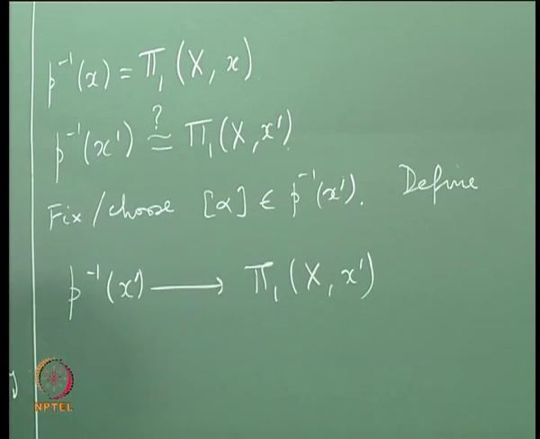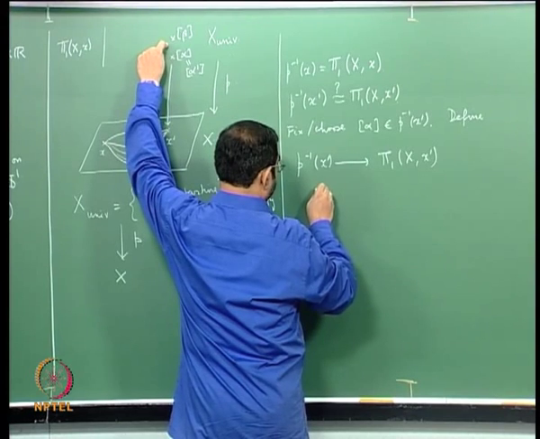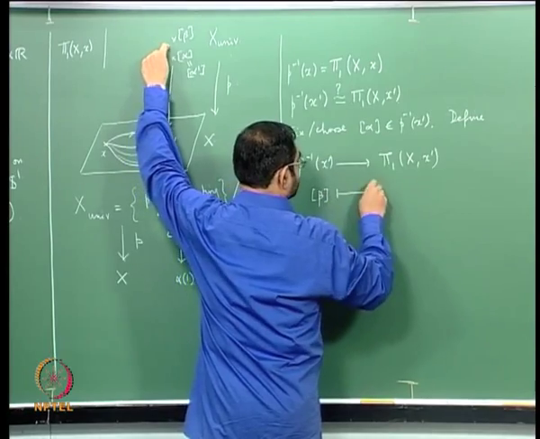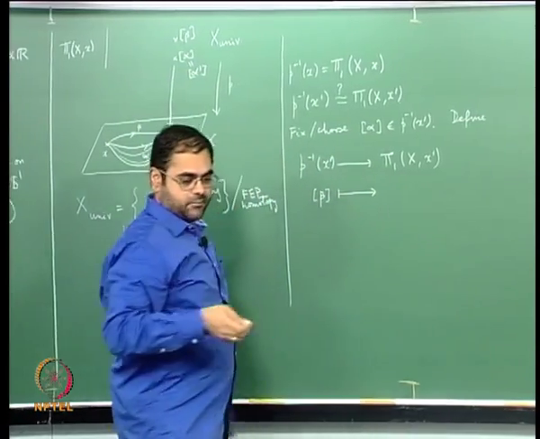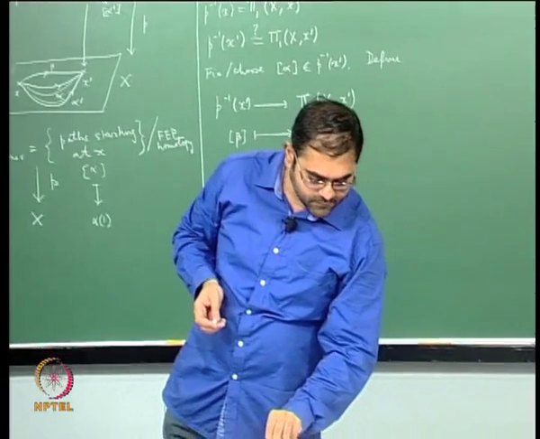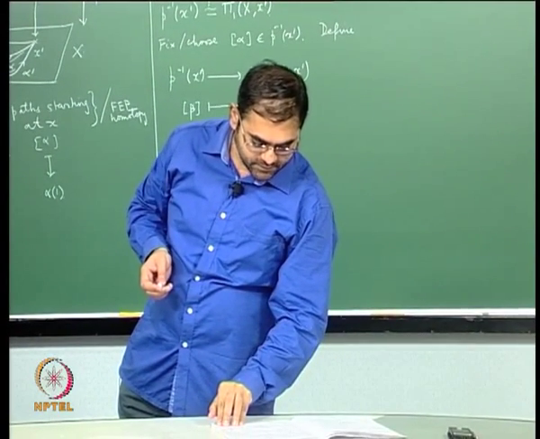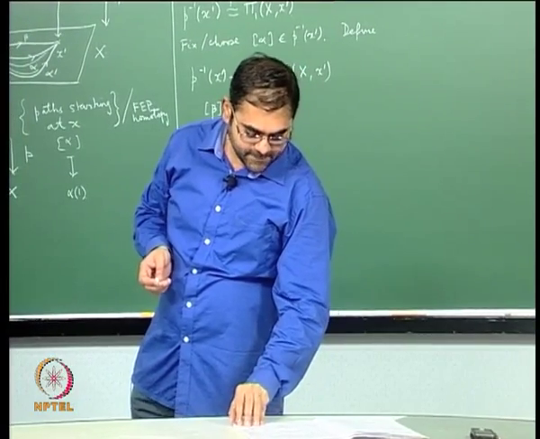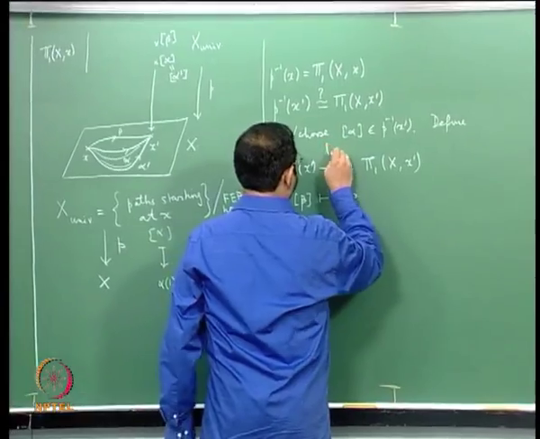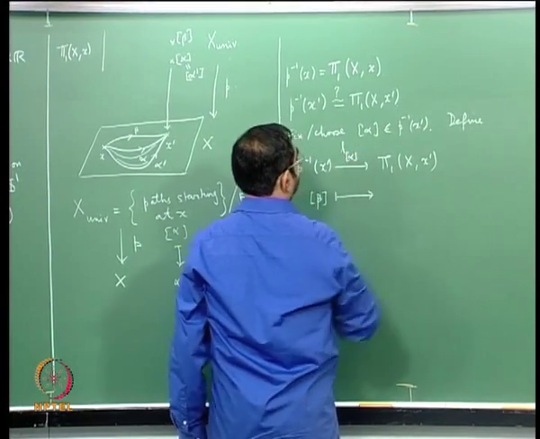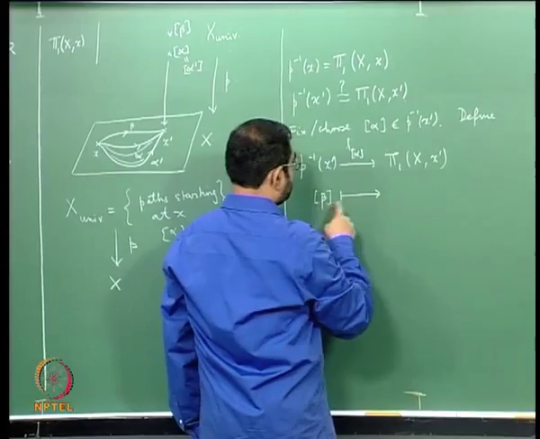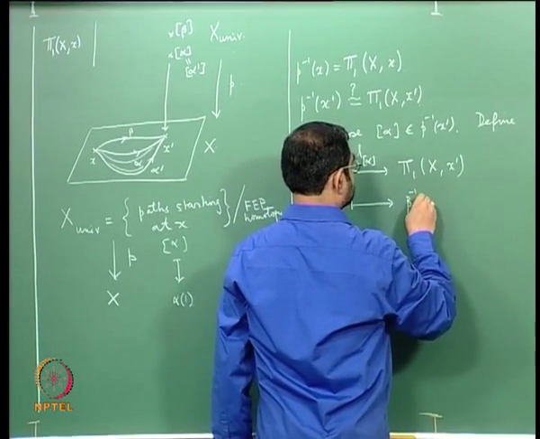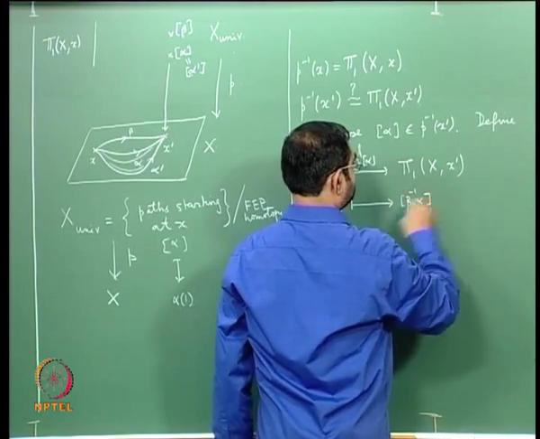What I am going to do is, give me any beta here. I will define a map L sub alpha, and this L sub alpha is just beta going to beta inverse alpha, okay.